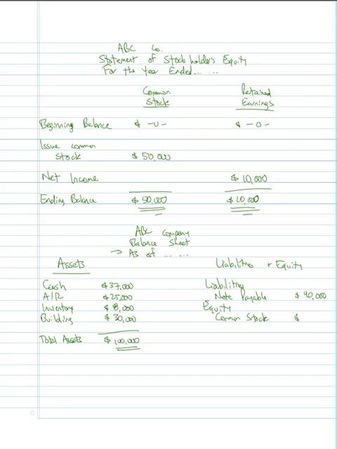In our equity, we have our common stock of $50,000, and we have retained earnings of $10,000.